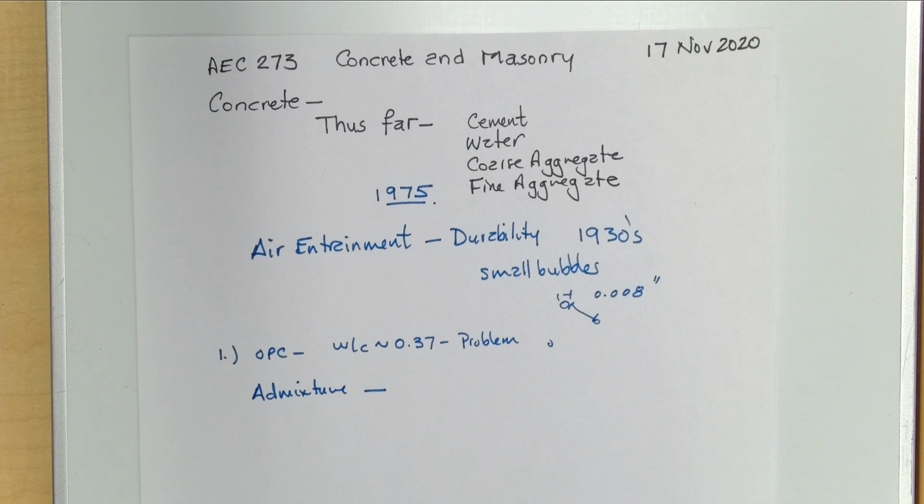And so we have two kinds of admixtures. We have chemical admixtures that are generally liquids, but could be powders, and we have what we call mineral admixtures that are almost always powders.